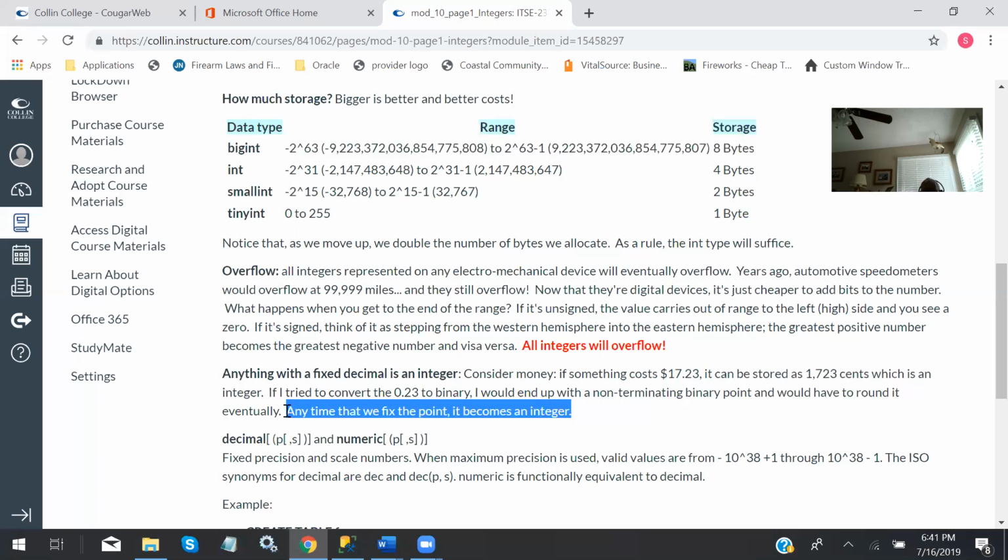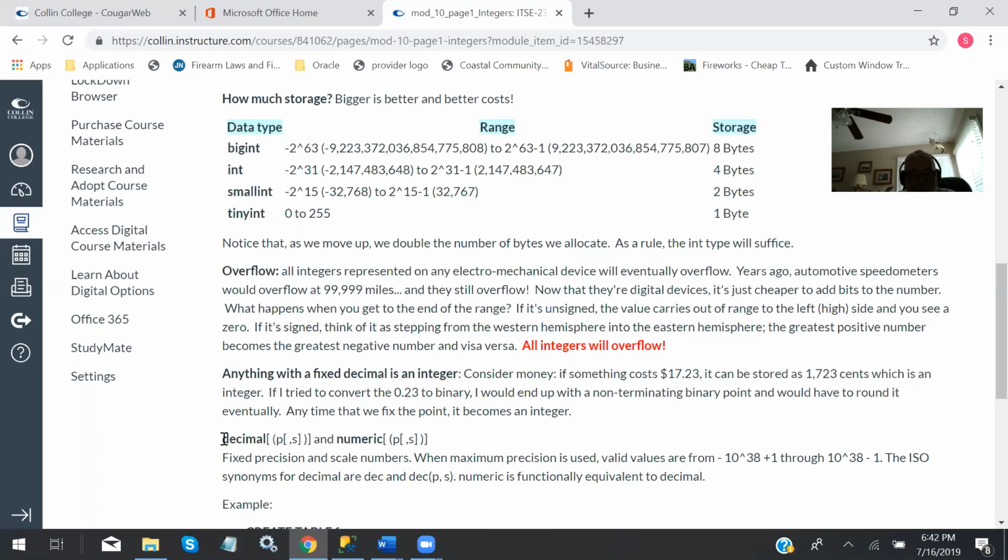If I have a number like 0.3, or 30 cents, does that terminate? Well, it does in base 10 just fine. It's 0.3. But if I tried to convert that to base 2 and get into binary, I would end up with a non-terminating string of numbers. Okay? So anything with a fixed point is an integer.